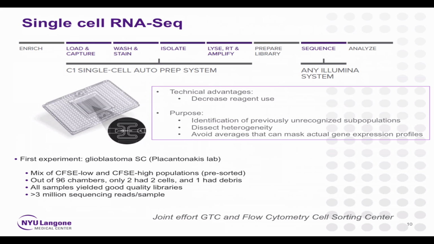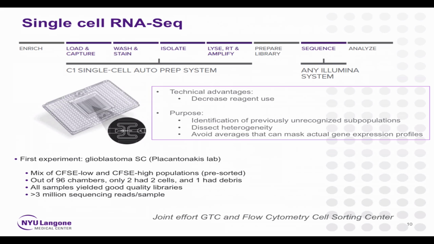One of the most popular and pioneer methods of doing single-cell RNA-Seq is using the Fluidigm system. There's a whole bunch of other systems over here. That also is a very competitive area, and there are new systems coming out this year. We do have the Fluidigm system, which basically uses this butterfly microfluidic system to trap one cell per chamber.